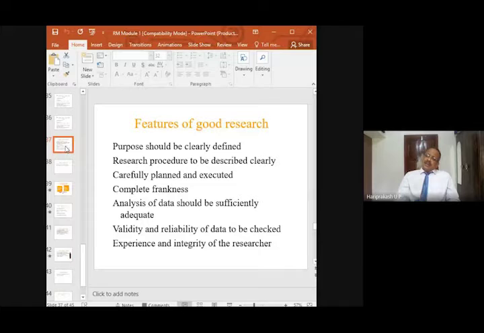Like that, I can study employee turnover, I can do a study on employee training. Like that, there are thousands and thousands of different areas where you can do research within that. So that you should know. How do you come to know about that? You have to do a literature review.